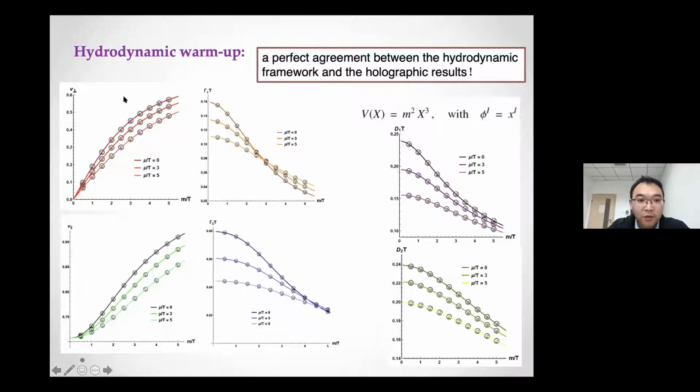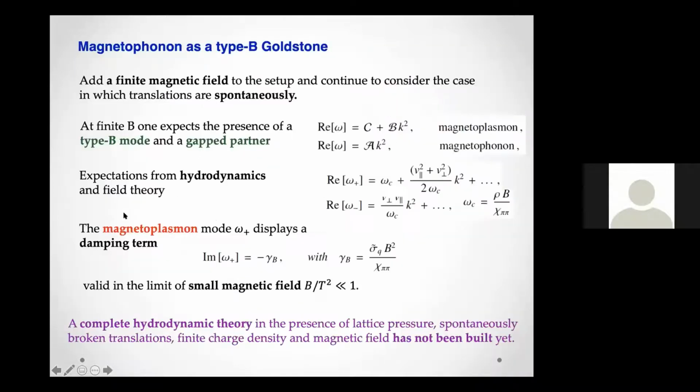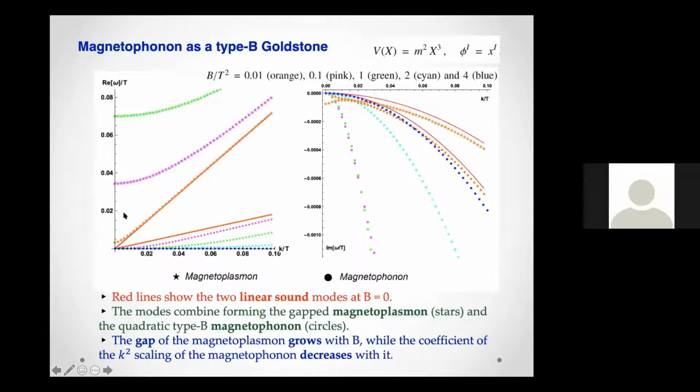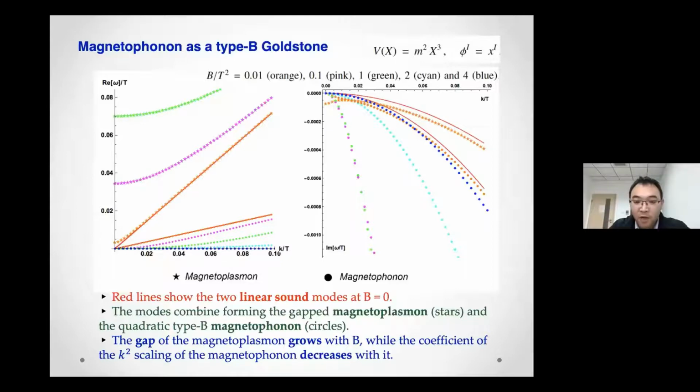You see, these results match each other very perfectly in that case. But for the case with magnetic field, there is no consistent hydro framework. So here we give a first example. If there is a new framework, they should match. Our result should give an example to check the new hydro framework.